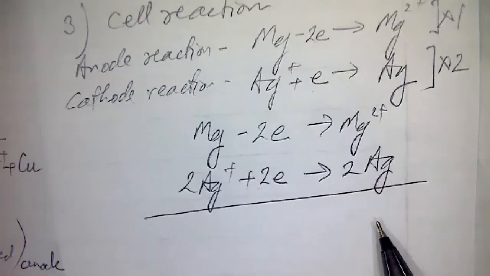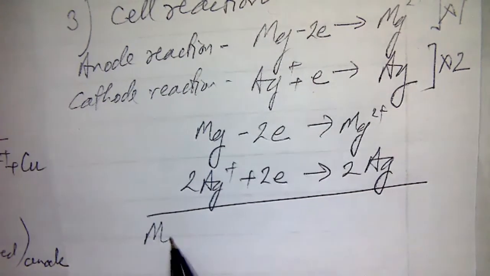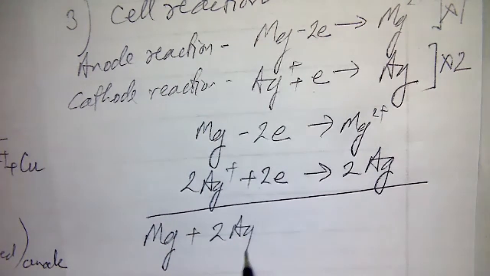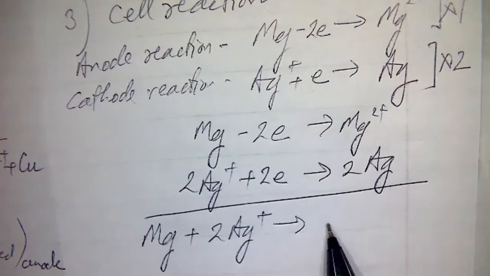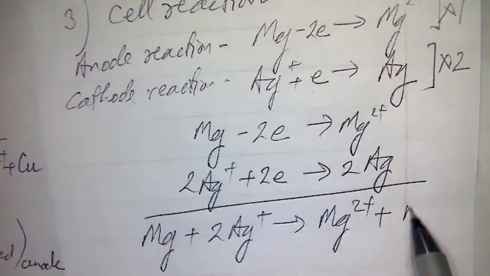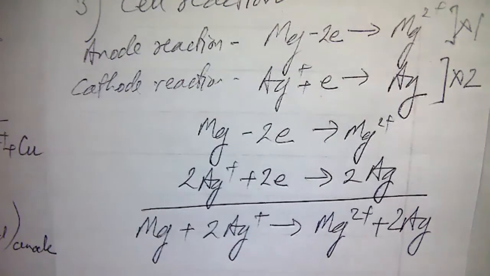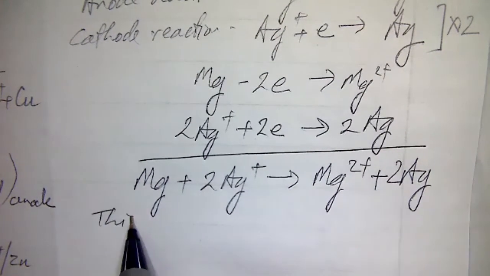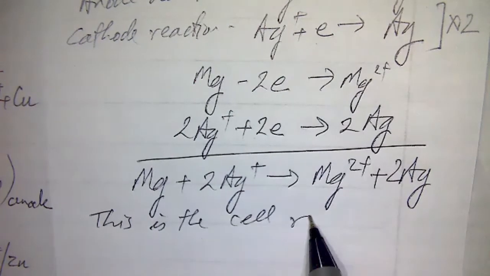Now we'll add these 2. What will happen? Mg combines with 2 Ag plus. This will form Mg2 plus and 2 Ag, isn't it? So this is your cell reaction.